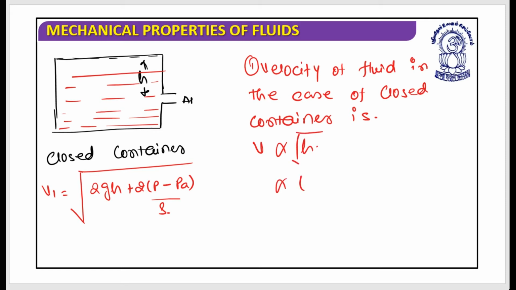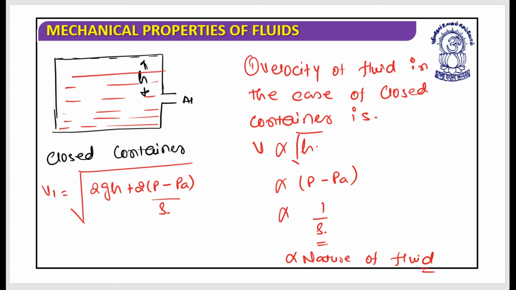It depends on the pressure difference, P minus PA, as well as on the nature of the fluid, because it depends on the density. Basically it depends on the density. This is what I mean.